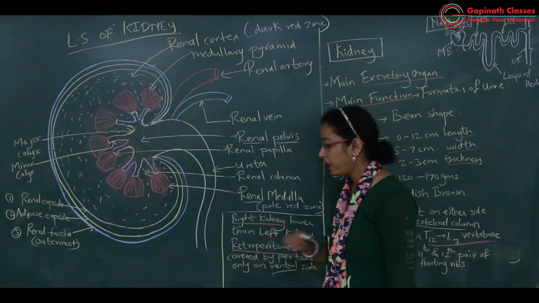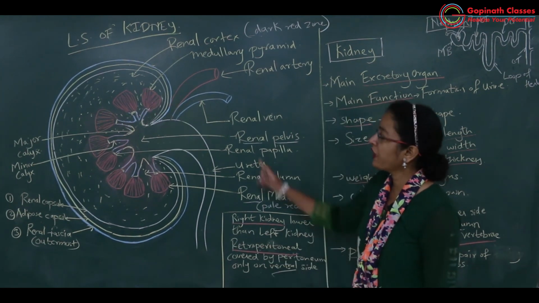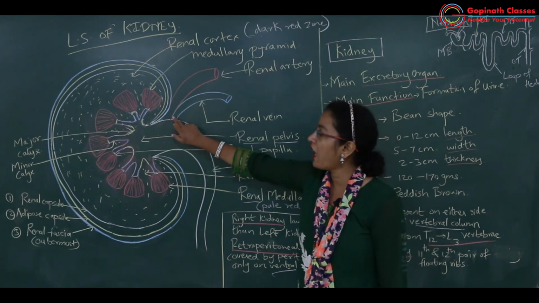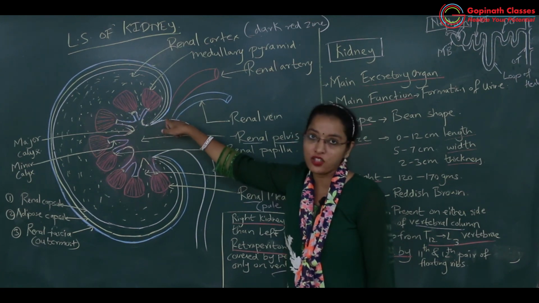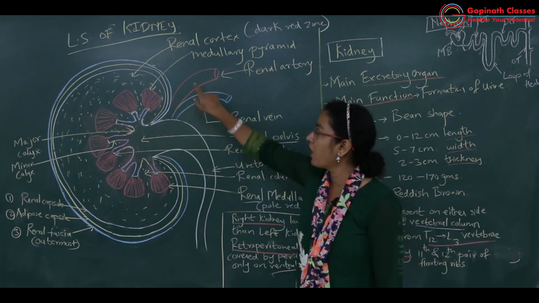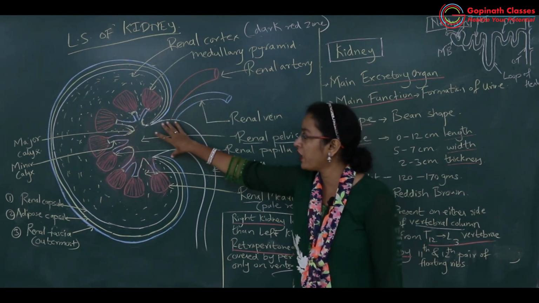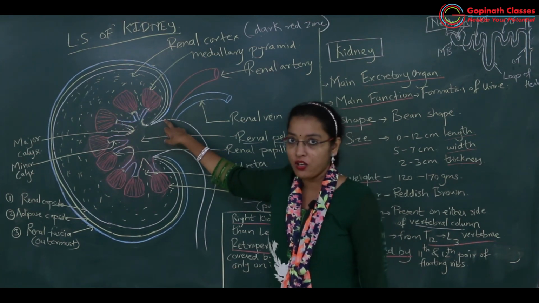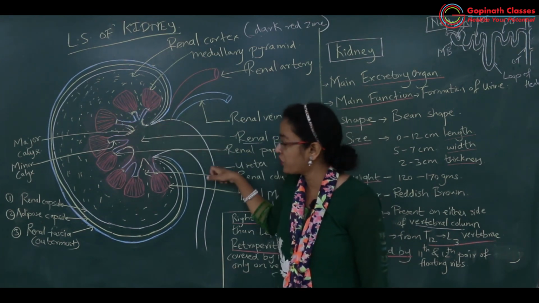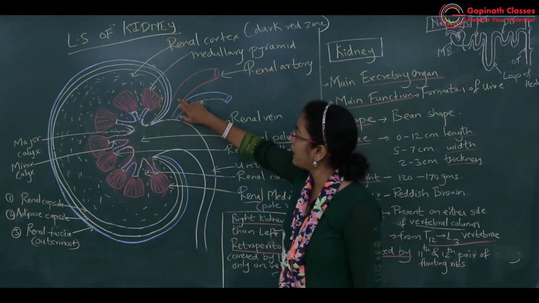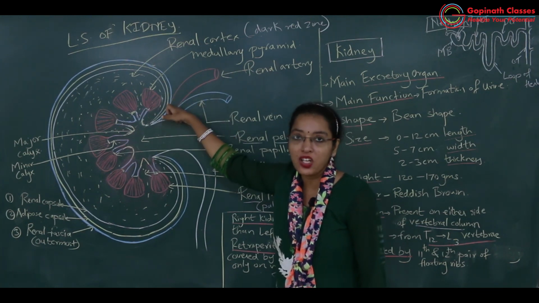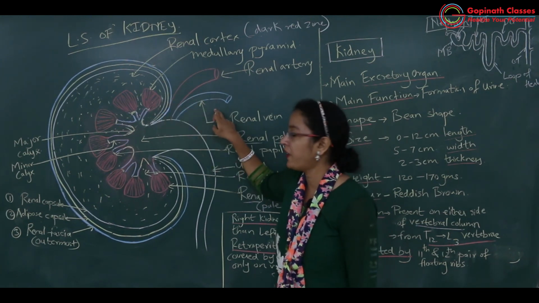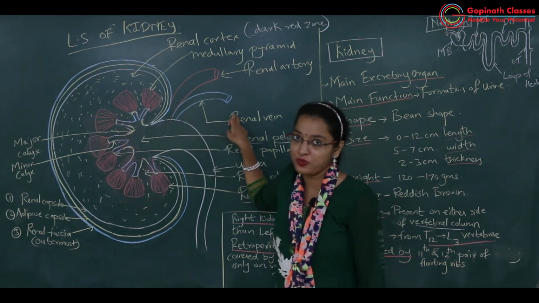Okay, so questions come on this also. So kidney has one part that is known as hilum. So hilum is the notch-like structure through which ureter and renal artery, renal vein are located. Wherein ureter comes out from that region, renal artery is coming in the kidney and renal vein comes out from the kidney.